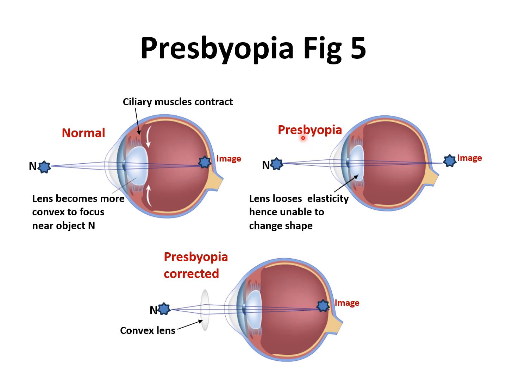Whereas in presbyopia, the lens has lost its elasticity and hence is unable to change shape, and therefore it is unable to focus the image of a near object on the retina. Instead, it gets focused behind the retina, and in order to bring it to the retina, a presbyopic individual needs correction with the help of convex lens.